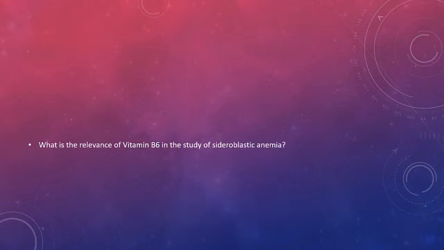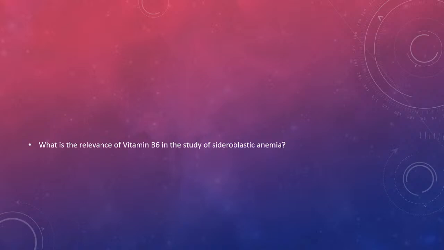So the reaction for ALA synthase production is not going to happen if vitamin B6 is depleted or inhibited. So isoniazid actually blocks the activity of this one. So with that, you can see sideroblastosis.